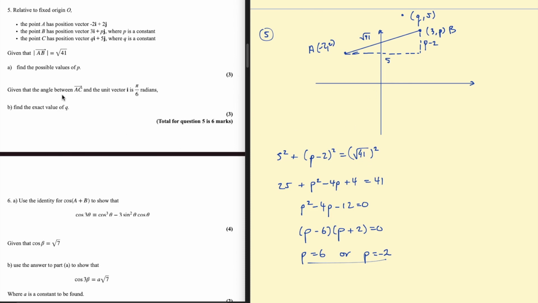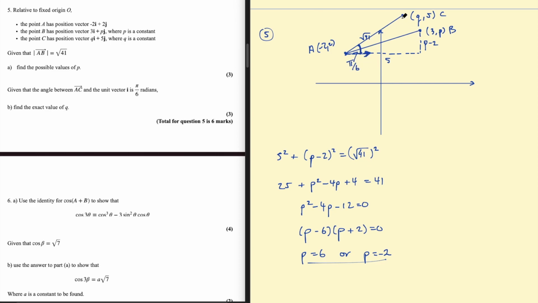And the angle between AC and the unit vector i, we can represent that firstly by drawing AC. So this was C. The unit vector i is just the horizontal, basically. Horizontal line. So that's saying this angle in here is pi on 6. So this angle is pi on 6.